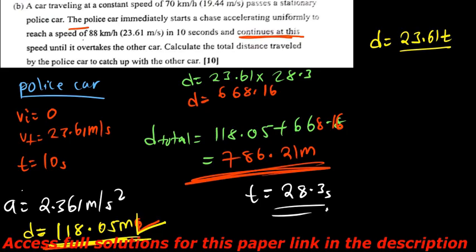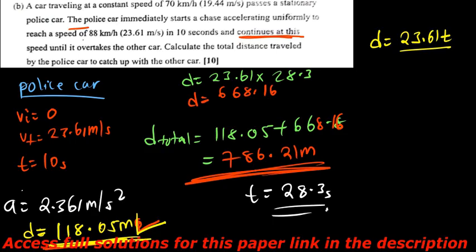So you can follow through the method which I've used. The most important thing is you need first to find the distance traveled in 10 seconds. That was 118. The next thing is you need to find the distance it traveled after that 10 seconds. For you to find that distance, you need to understand that the distance traveled by the car traveling at 19.44 meters per second is going to be the same as the total distance traveled by the car.